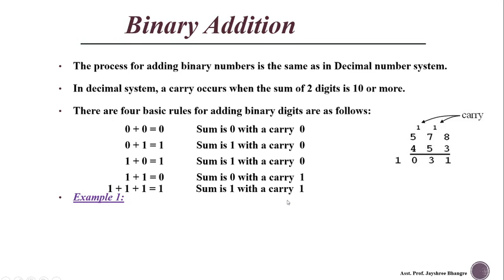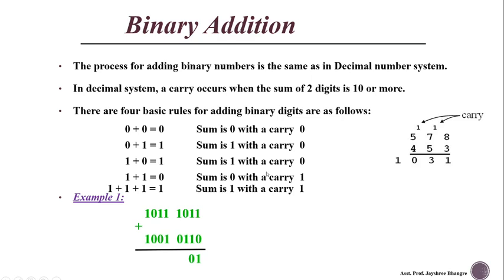Let's see an example. Here we want to add these two binary numbers. Let's start the addition from the rightmost bit, the least significant bit, that is 1 plus 0. According to this rule, the sum is 1 and carry is 0. For the next column, we have to add 1 plus 1.